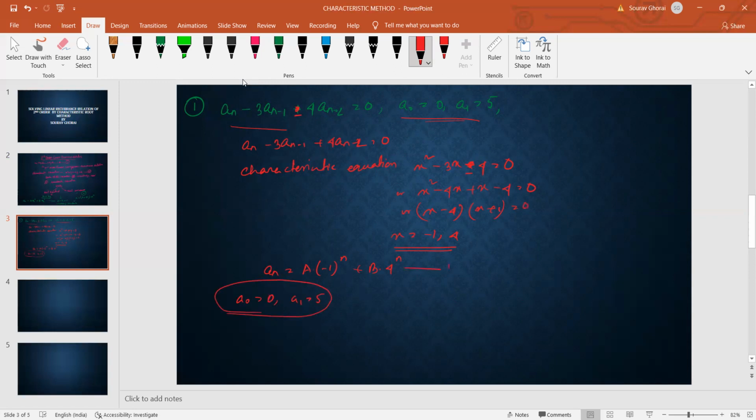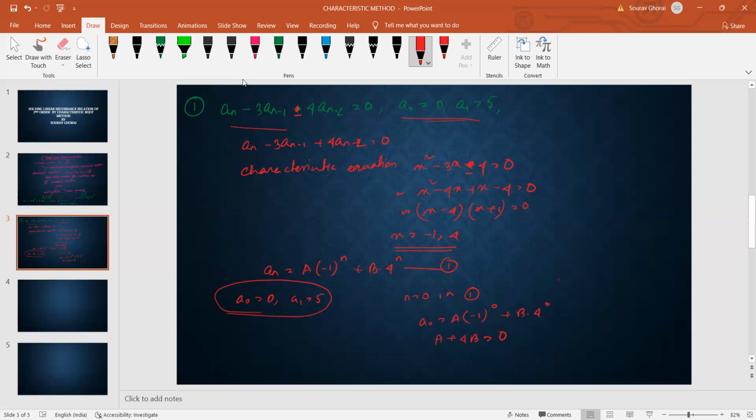Now if we put n = 0 in equation 1, what do we get? a0 = A(-1)^0 + B(4)^0. So from here we can easily write A + B = 0.